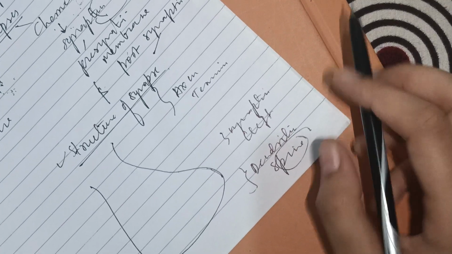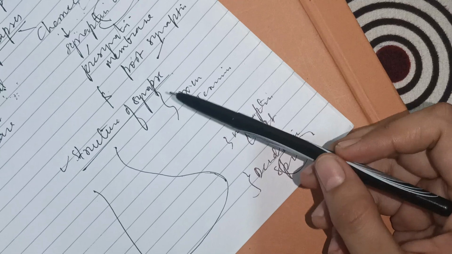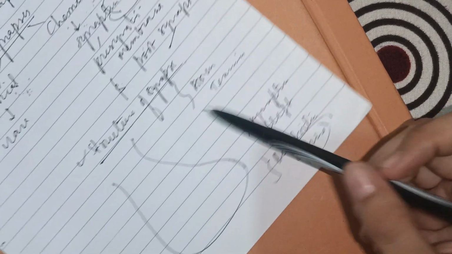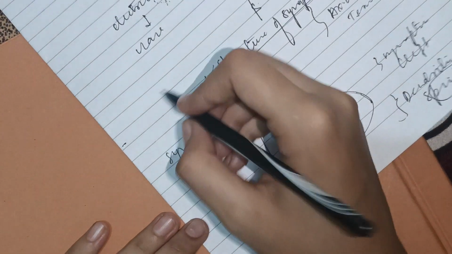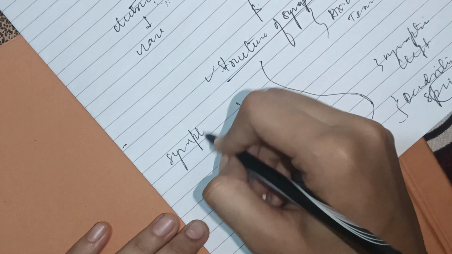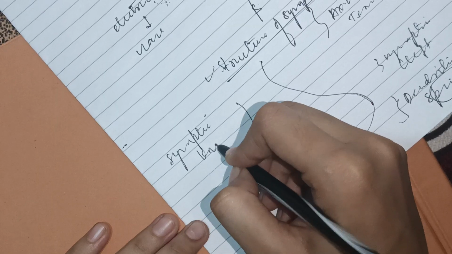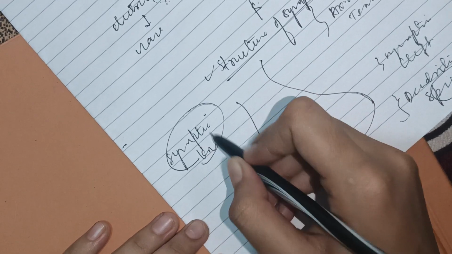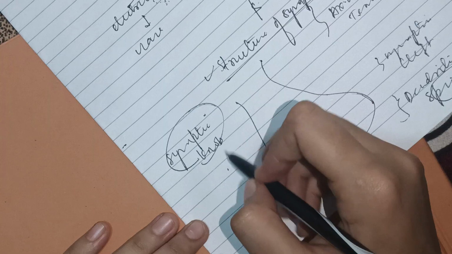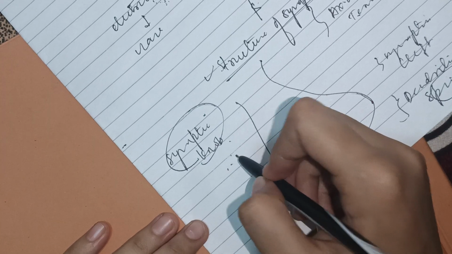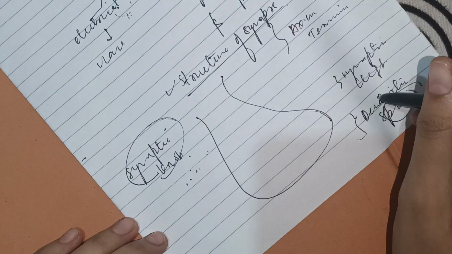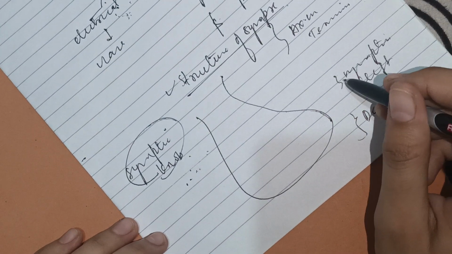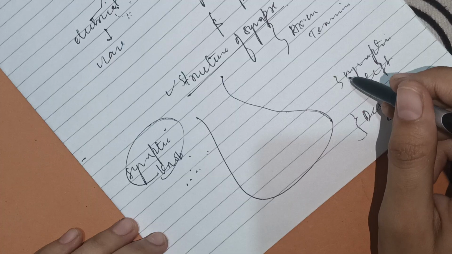Okay, so synaptic knob, synaptic cleft, plasma membrane also. Then let's talk about the synaptic knob. Okay, it is a tiny bulge that is there when the terminal buttons end. There are a number of vesicular sacs in the bulb which contain numerous neurotransmitters. The synaptic cleft is a space between neurons.